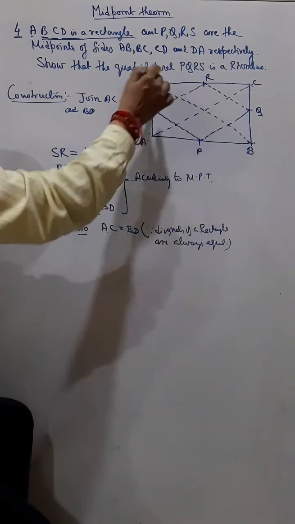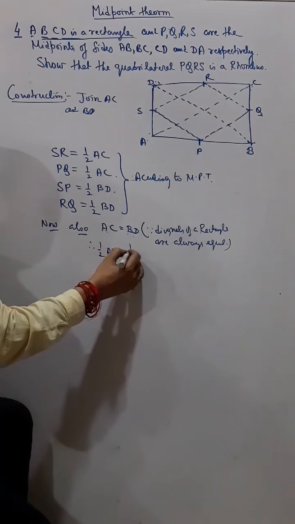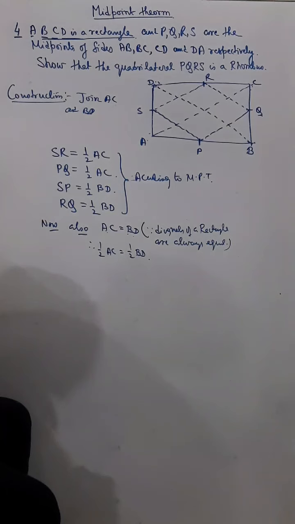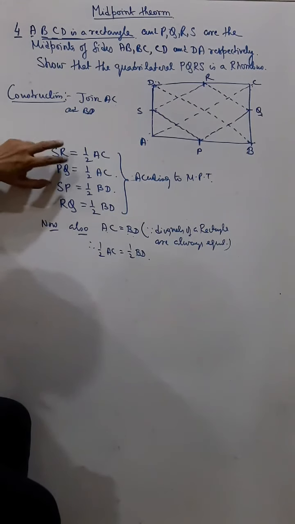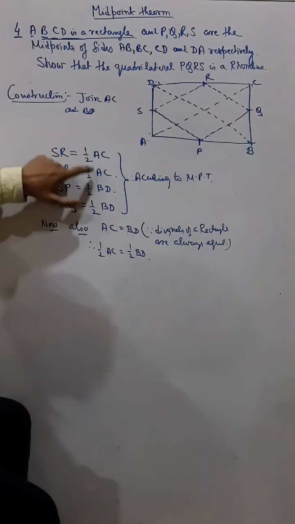AC is equal to BD, and therefore we can say that half of AC will be equal to half of BD. Now half of AC and half of BD all will be equal.